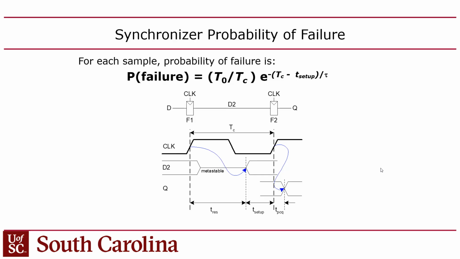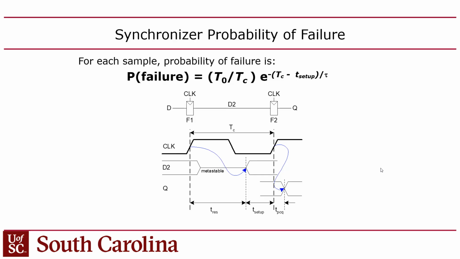Okay, so this is basically the probability of a failure on an individual input changing, on one. So if you put one input into that first flip-flop, the probability of the failure is going to be, of course, the probability of going into metastability, which is the aperture divided by the clock period, right?